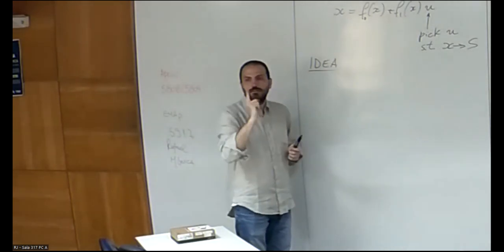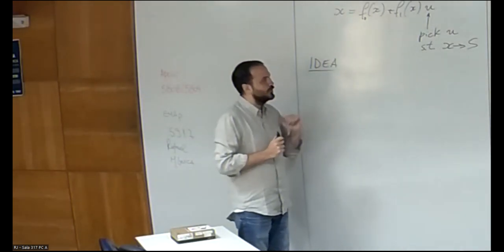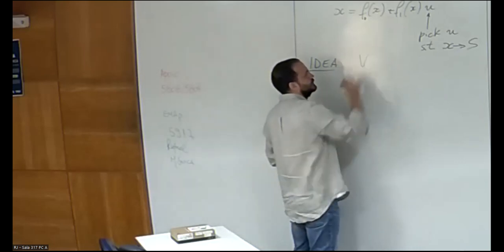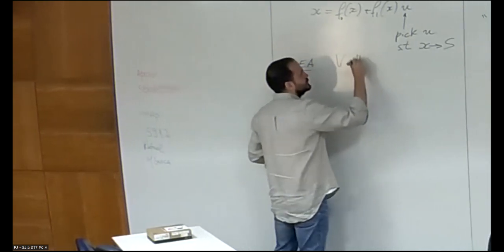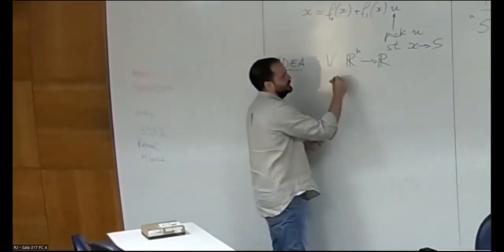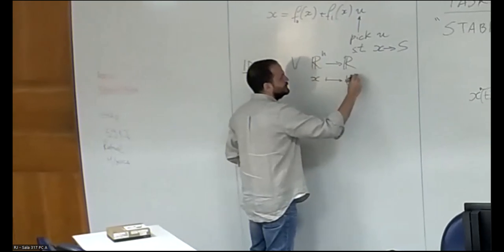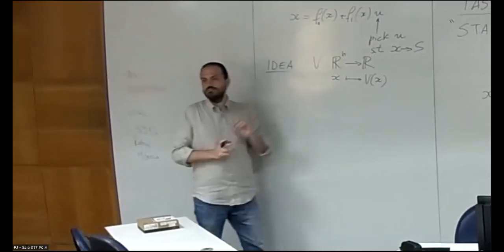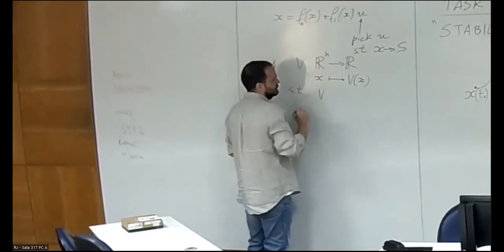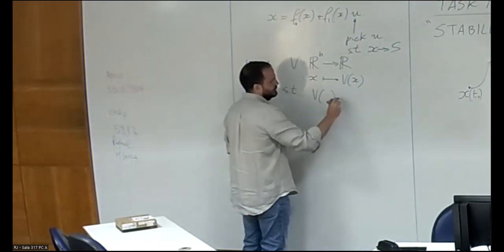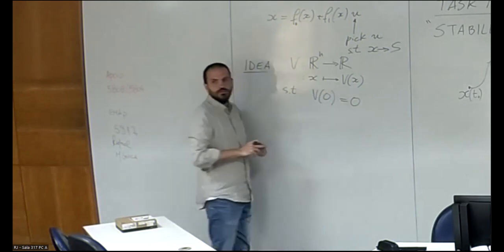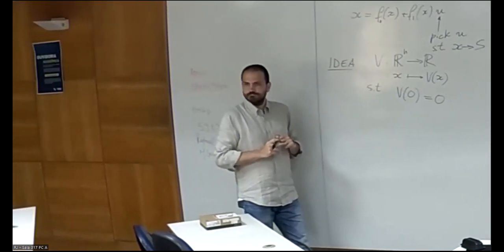To basically a one-dimensional problem, which is the following. If we could find a function V that maps from R^n to R, so we give a vector in R^n, specifically we will give x, and we will get V of x, a real value, such that V is 0 if and only if x is 0, right?